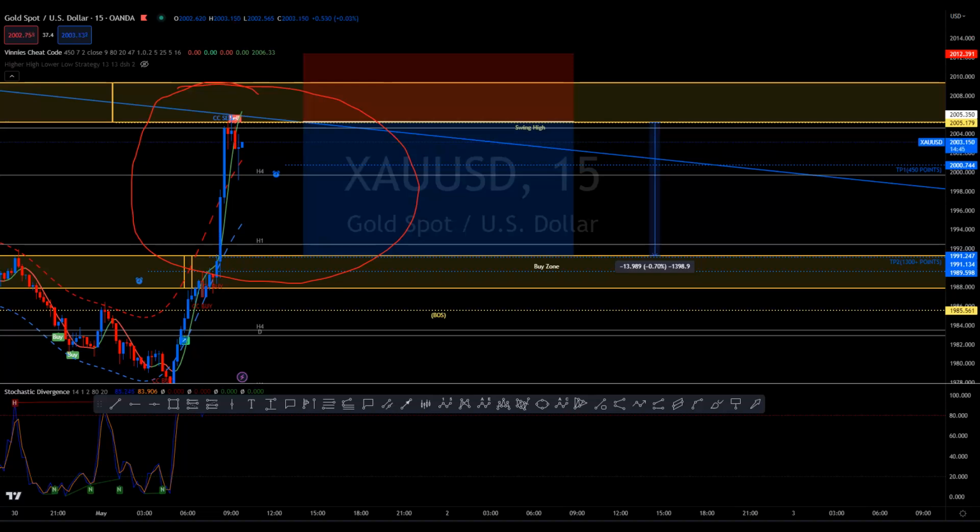Buy. We'll see. That's why we're studying price action, so we can learn this.